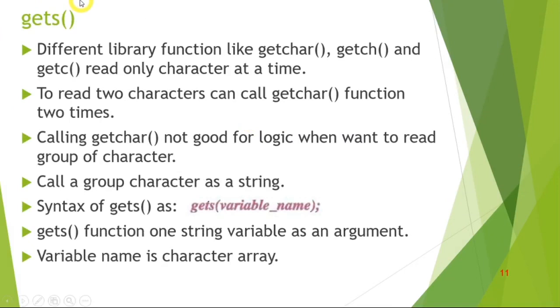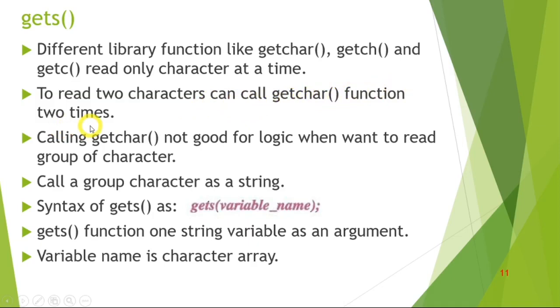Now gets. See, gets deals with strings actually. Different library functions like getchar, getch and getc read only one character at a time, a single character. It means say y, n, yes, no, something like that. So to read two characters, you can call the getchar function two times.